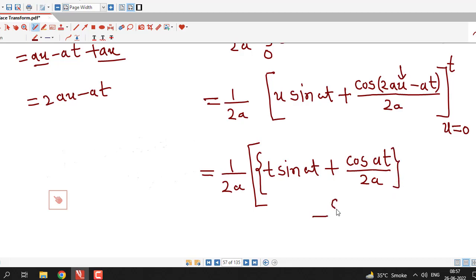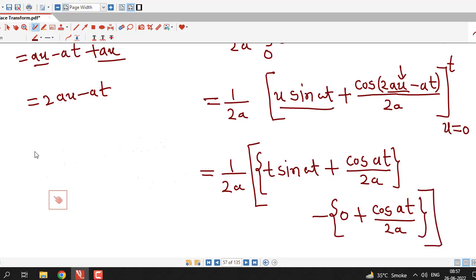And for the lower limit we have to substitute u equal to 0. So this term will become 0, and if we put u equal to 0 here, we will have cosine of minus at, but the cos function is an even function, so I can directly write cos of minus at equal to cos at.